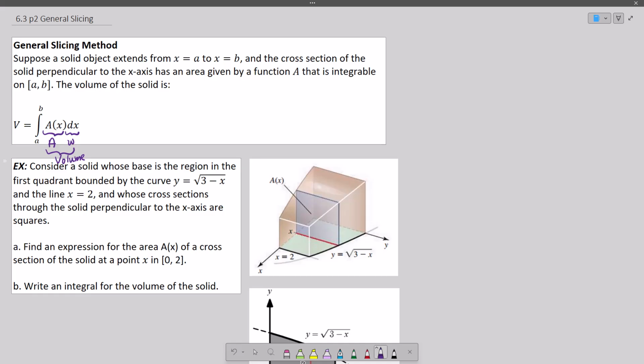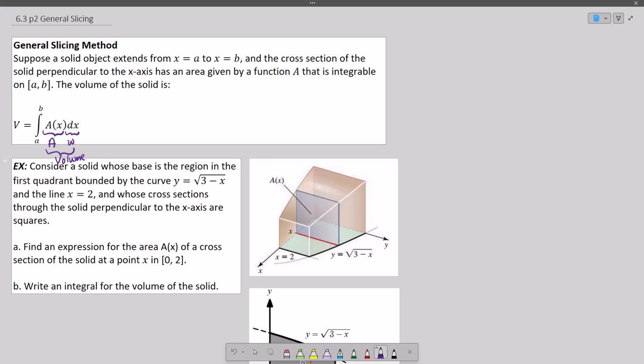So the little volume is the cross-sectional area inflated with a little thickness to create a slice. So cross-section is 2-dimensional. Slice adds a little bit of volume, which is 3-dimensional. And this integral is now summing up a bunch of volumes from each slice. So every slice has a little bit of volume. We add them all up, we get the total volume.